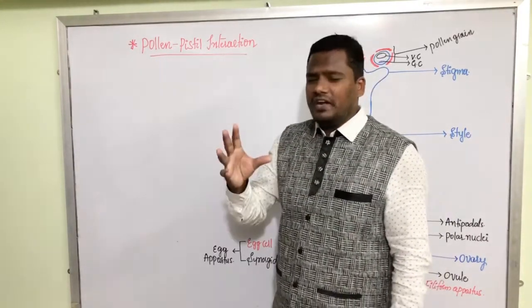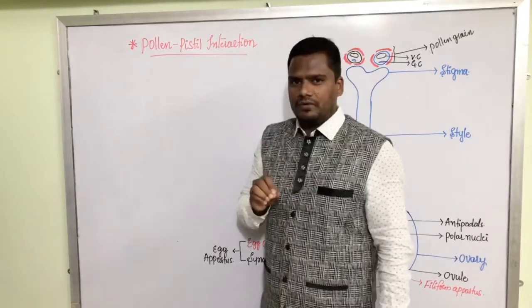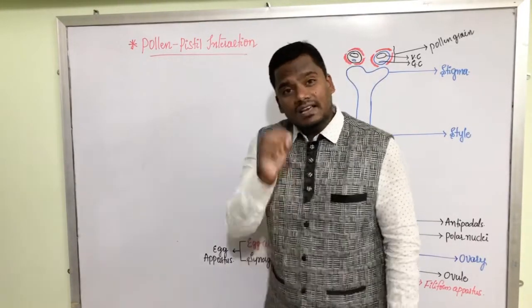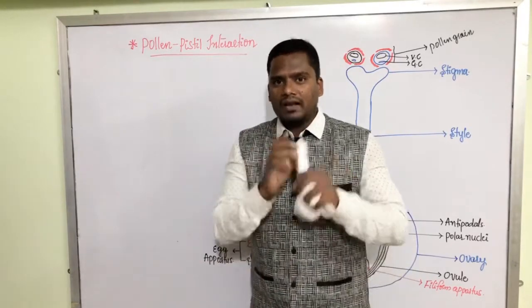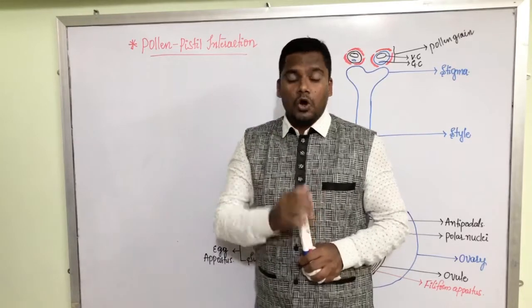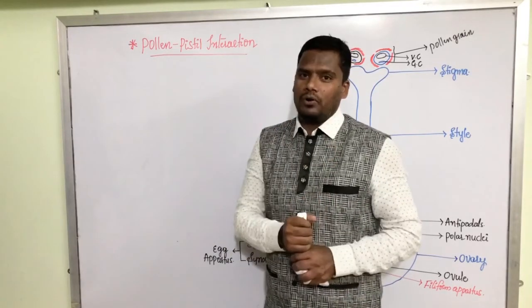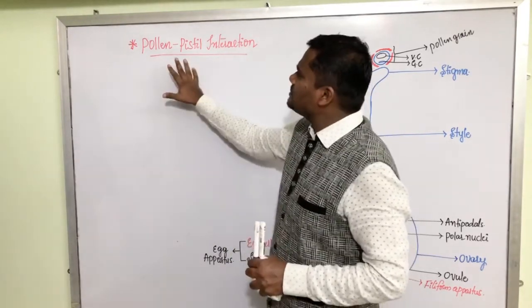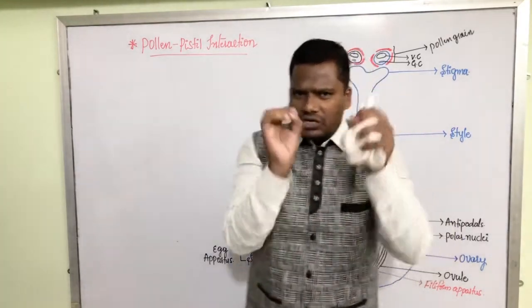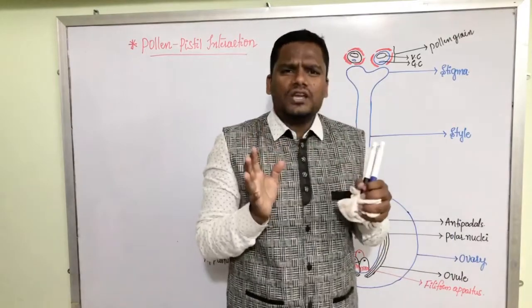What kind of communication? There is a chemical interaction between pollen grain and a pistil to recognize the compatible pollen grains, or the right type of pollen grains. That is collectively called pollen-pistil interaction, and this concept is very interesting.